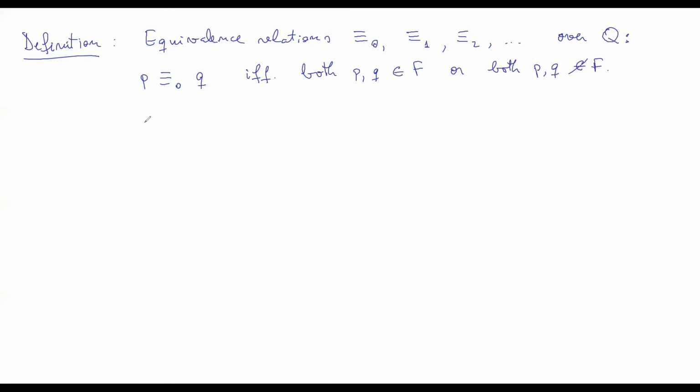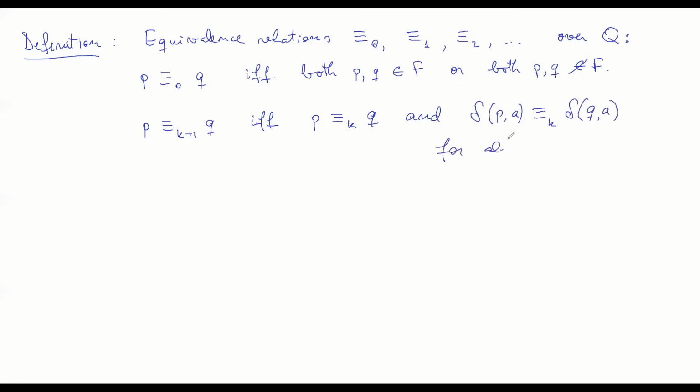And I will say now in the K plus 1 equivalence that P and Q are equivalent in this equivalence relation if and only if they are equivalent in this one, and delta of P,A is equivalent in equivalence relation K with delta of Q,A for all A in sigma.